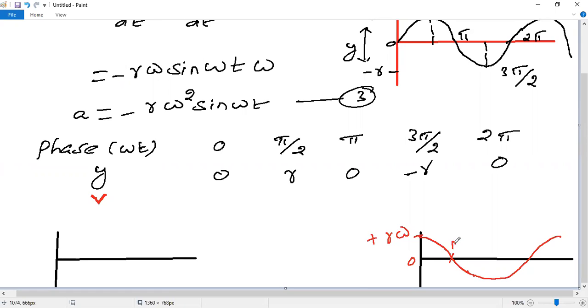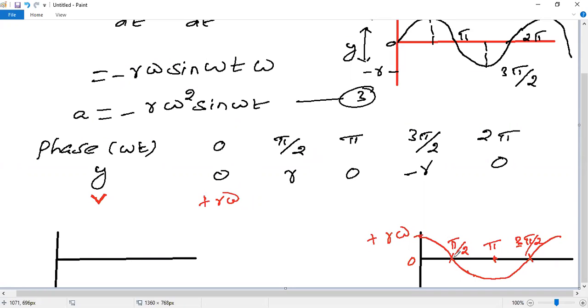Same, this is pi by 2, pi, and this one 3 pi by 2. Just apply the value for velocity. Starting is upper, positive r omega.